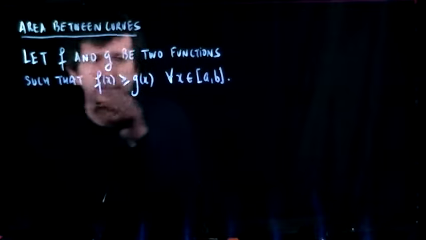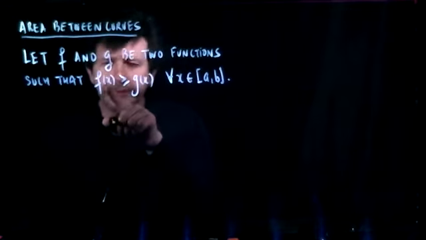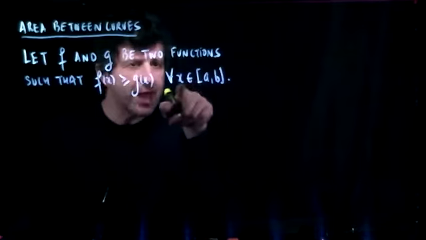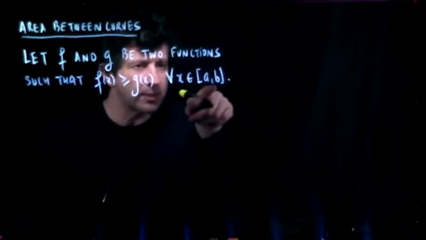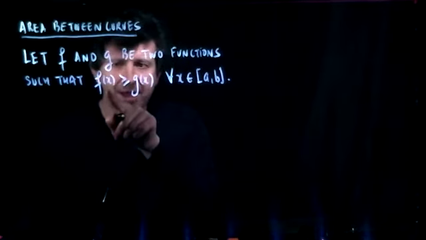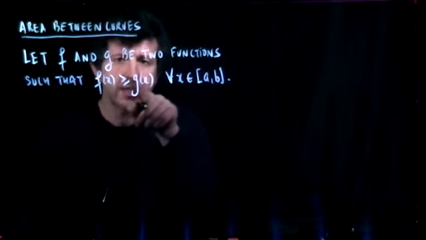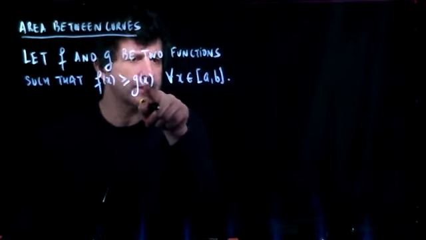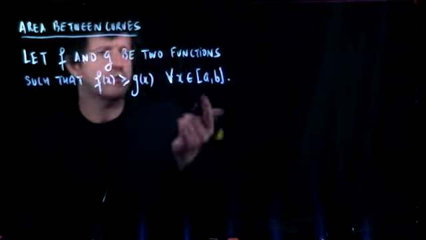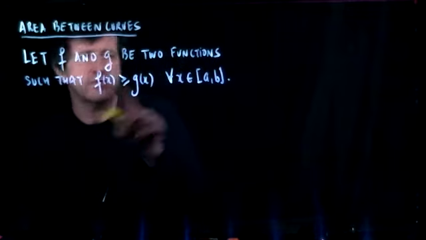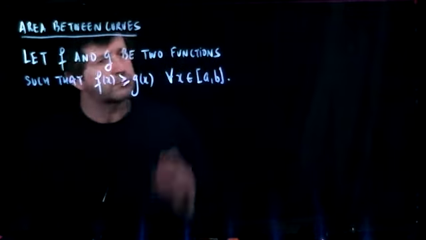Okay, so again, these symbols: for every x that's in the interval AB, the value of f of x is greater than or equal to the value of g of x. So two functions, one on top of the other. Basically, that's what it means, that f is bigger than g over this interval, is on top, is higher.